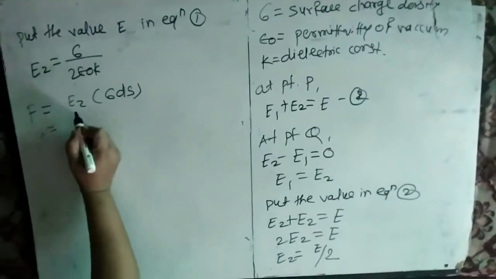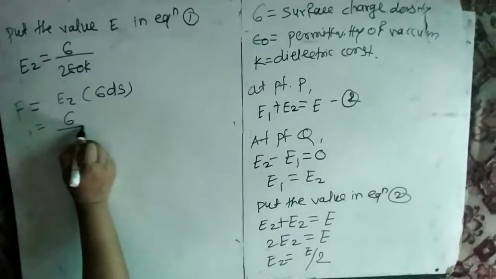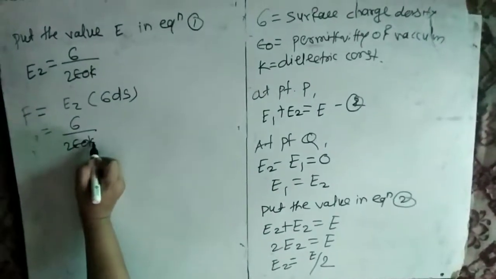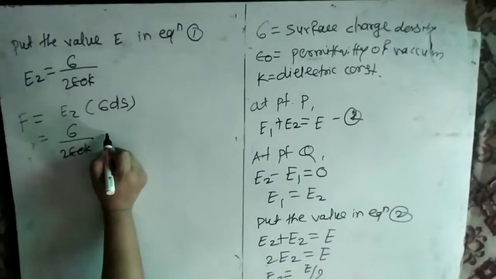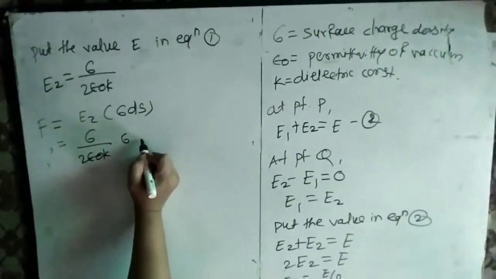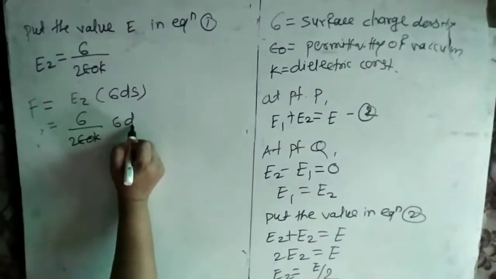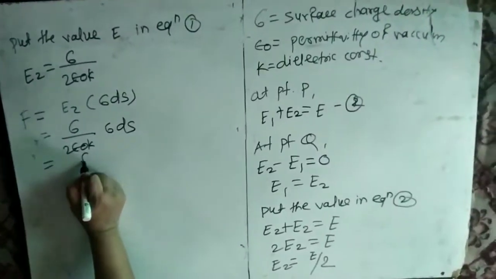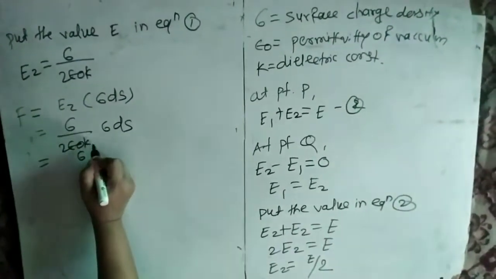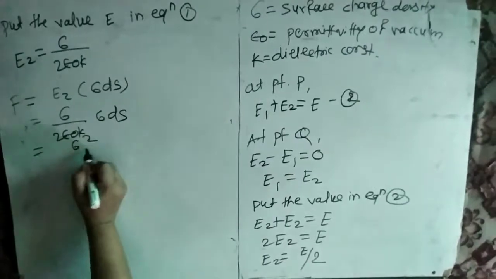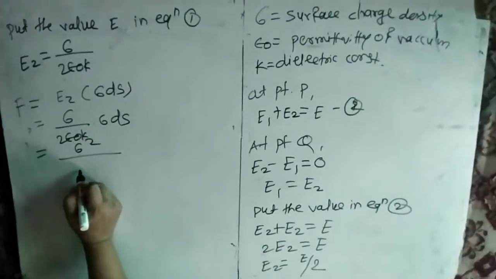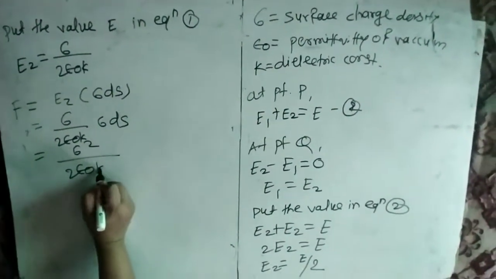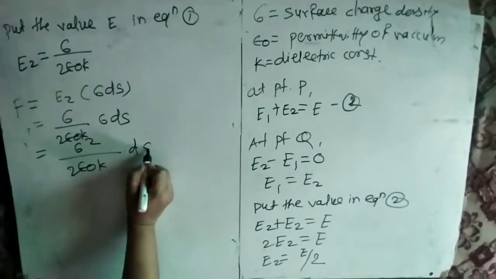E2's value is sigma upon 2 epsilon 0 k, into sigma dS. Now the remaining is sigma square upon 2 epsilon 0 k into dS.